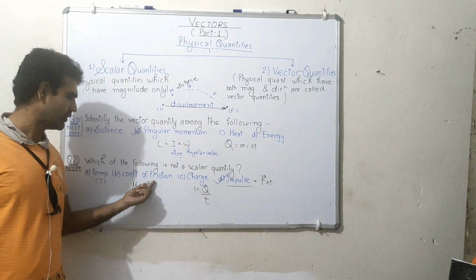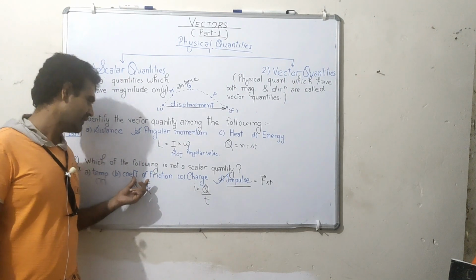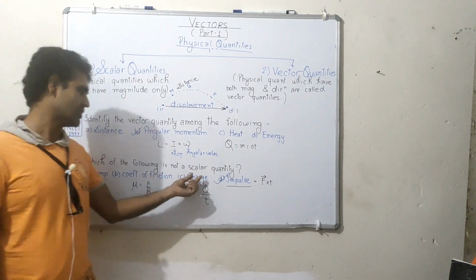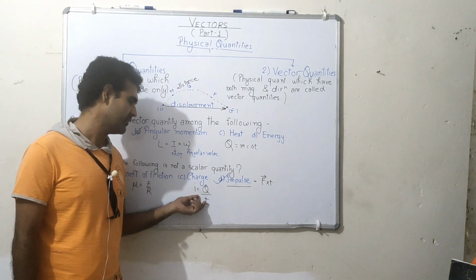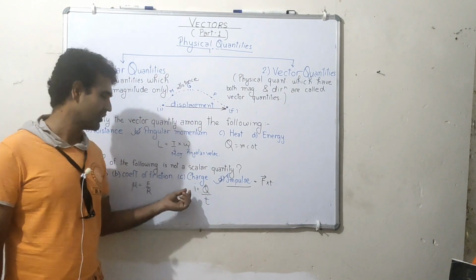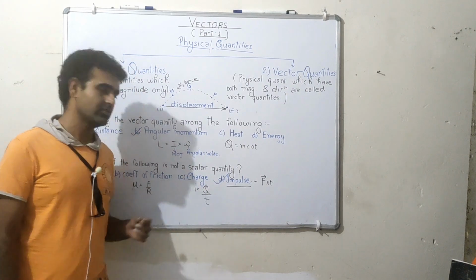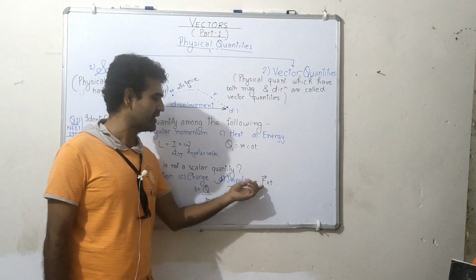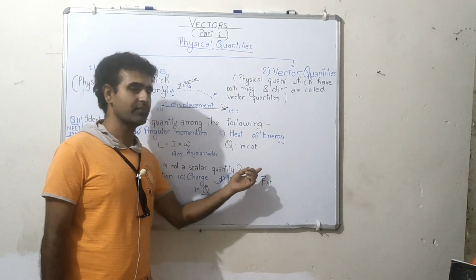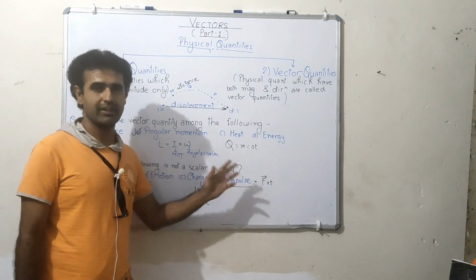Both have the unit of force, so they cancel out, and this is a unitless quantity and also a scalar. Charge: we define the current as charge per unit time. Current is a scalar quantity, time is a scalar quantity, therefore charge is also a scalar quantity. But impulse is a vector quantity, because impulse is defined as F into T, and force is a vector quantity, therefore impulse is a vector quantity.